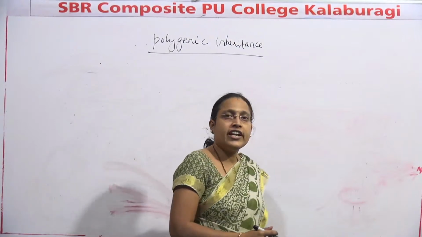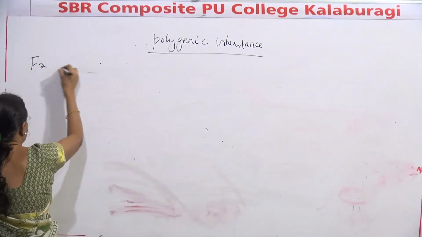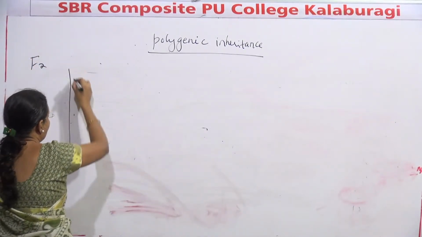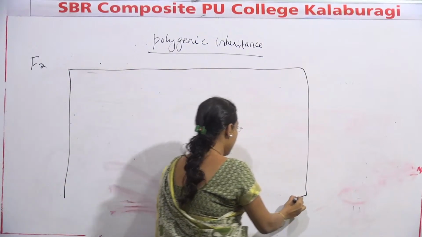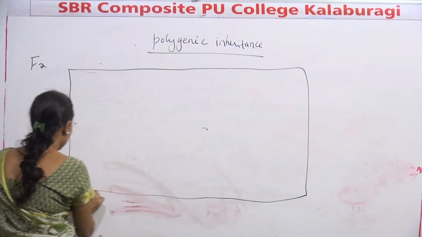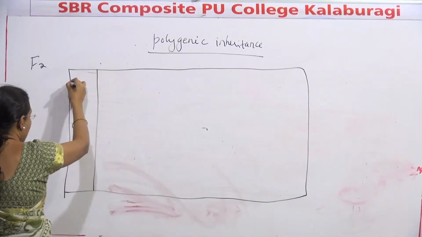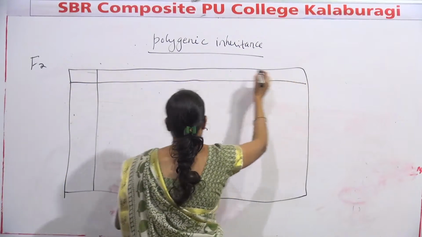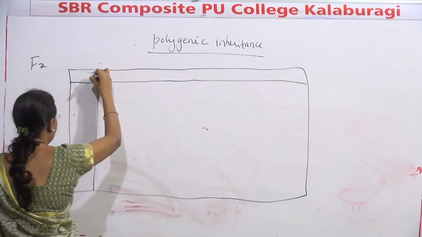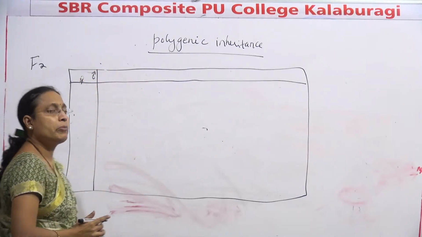So if the F2 generation table is drawn here, a total of 8 gametes are produced by each parent. So consider this one. This will be on one side the male gamete, the other side the female gamete, like this. So 8 gametes will be produced.